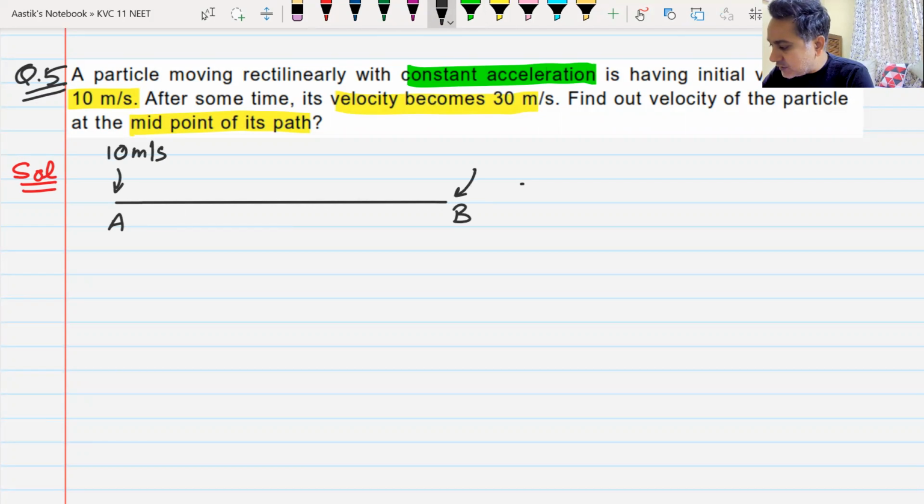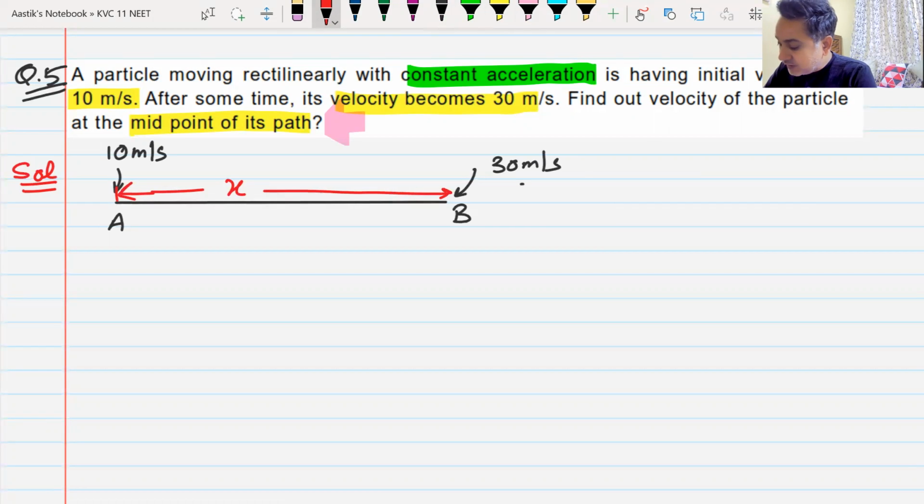At point B, the velocity is 30 meter per second. They are asking you the velocity at the midpoint of its path. So let me call the total distance from A to B, or the total displacement, as x. Then I make a point C and the displacement from A to C will be x by 2. Yes or no?